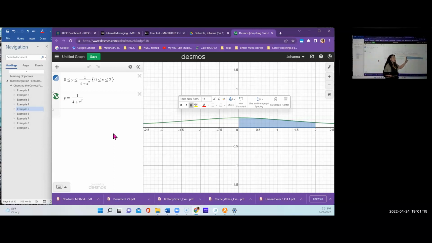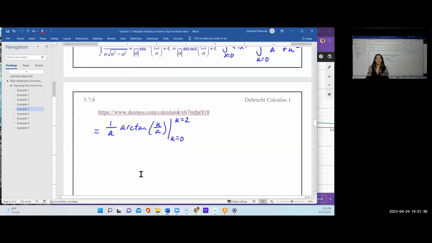Then we take the vertical lines at x equals 0 and x equals 2, and we're looking for the area between the curve and the x-axis. That's the definite integral. That's a number, which represents that area, the number of square units. Going back to our example then, we are not looking for an antiderivative function. We are instead looking for a number answer, which represents area between the curve and the x-axis.